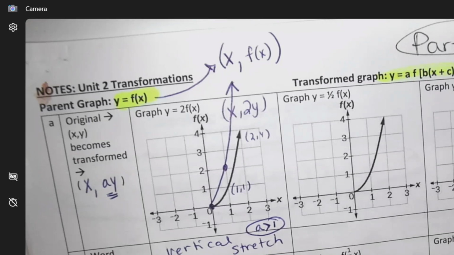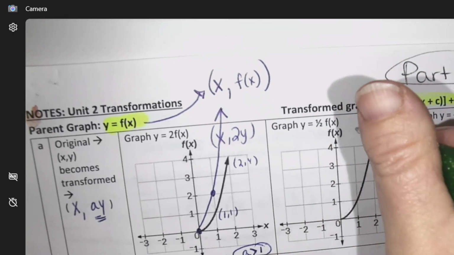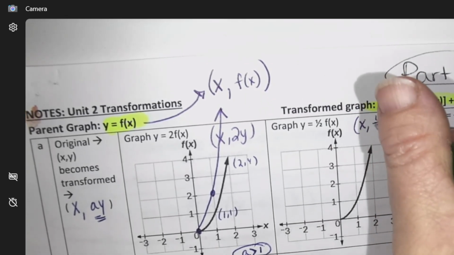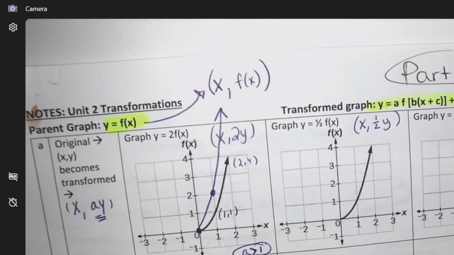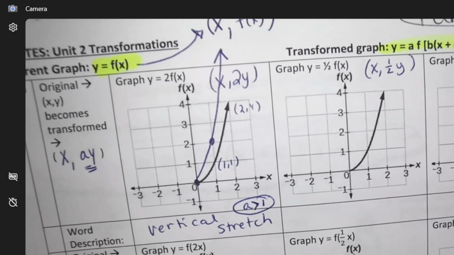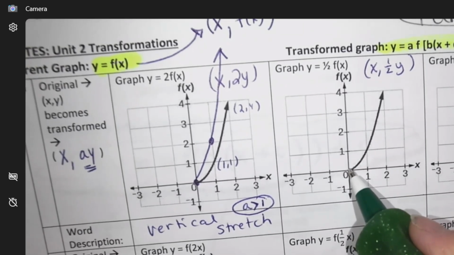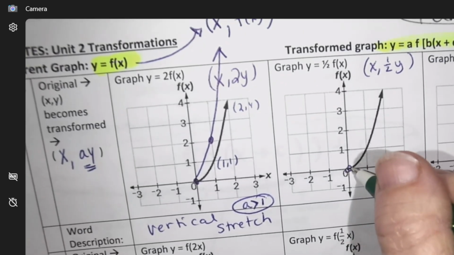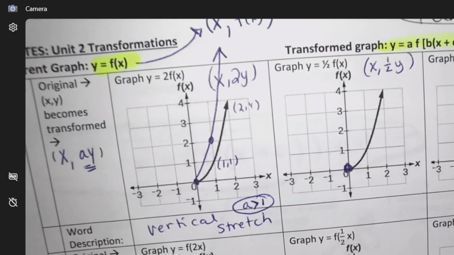Okay, so now there's a half. So x comma, now I'm going to just do a half times the y. What happens to 0, 0? It stays again, because if I multiply 0 by anything, it doesn't even matter, right?